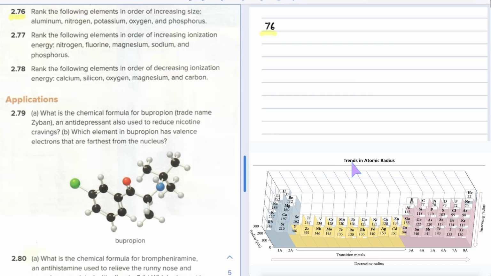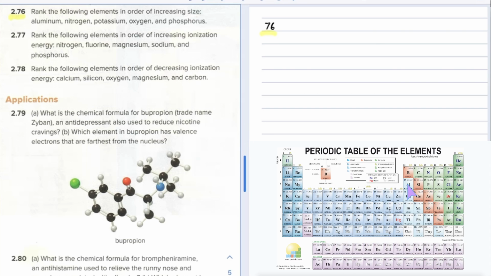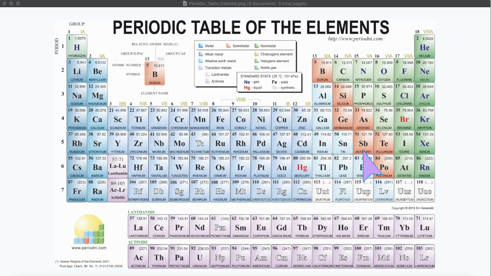So out of these 5 atoms, which one is closest to the big corner? Okay, we got aluminum, nitrogen, potassium, oxygen, and phosphorus. So let's go back to the other one. Okay, so we got aluminum. Let's jump up. So we got aluminum, nitrogen.